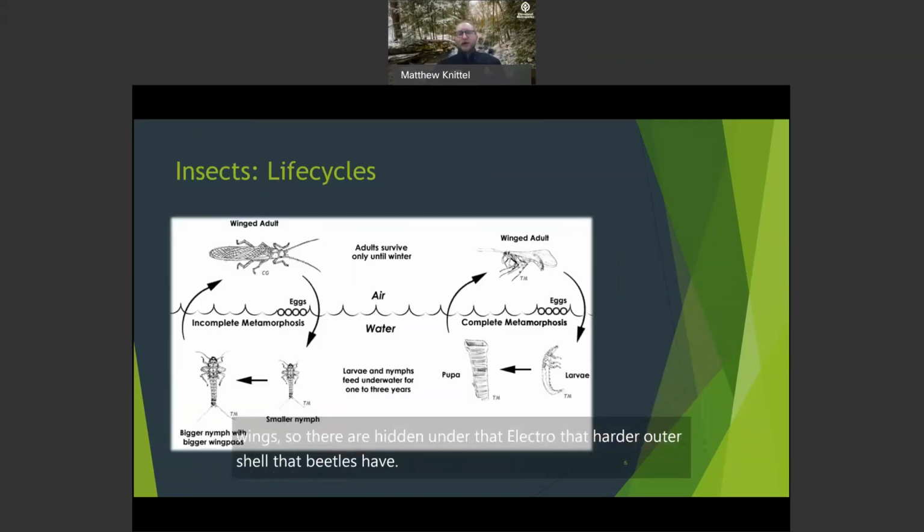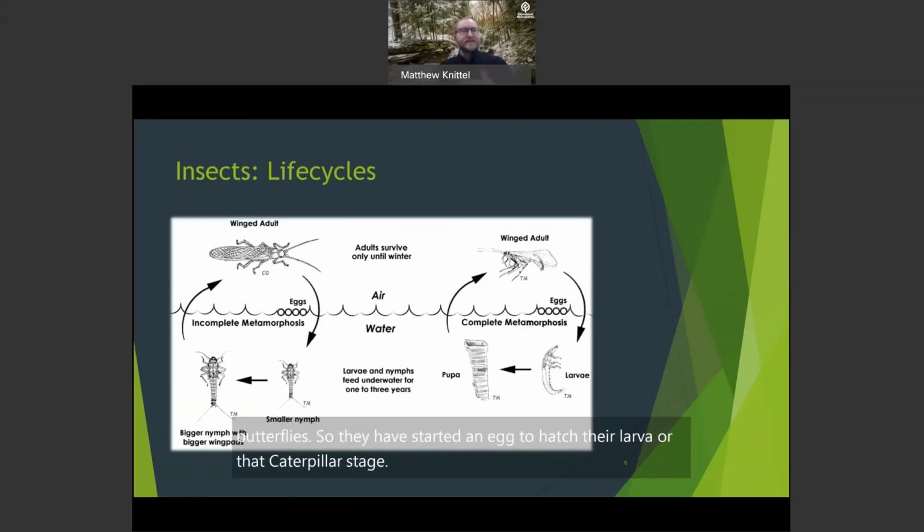So when we're talking about insects, we have those 2 different types. We have some that have that larval stage and some that have the nymph stage. That's based on whether they go through complete metamorphosis or incomplete metamorphosis. Complete metamorphosis is what we think of when we think about butterflies. They start as an egg, they'll hatch, they're a larva or that caterpillar stage.